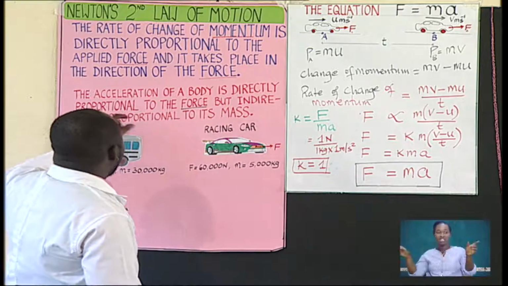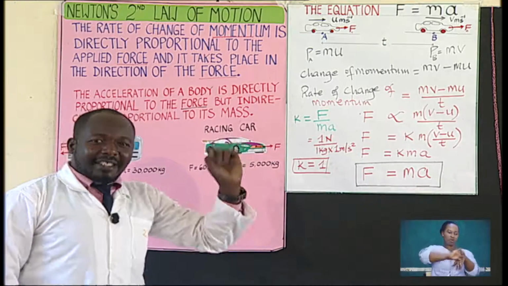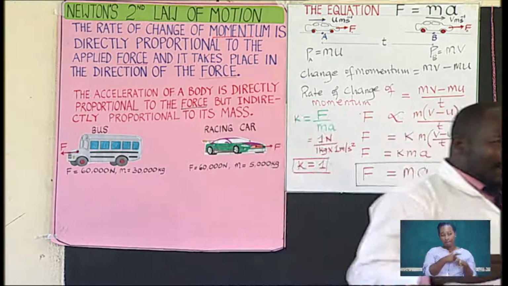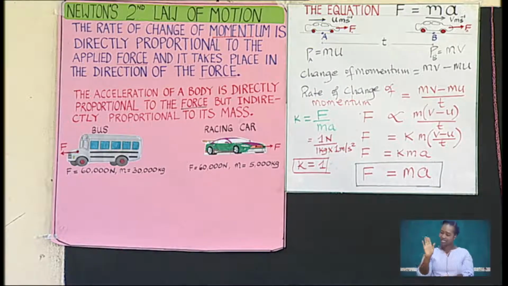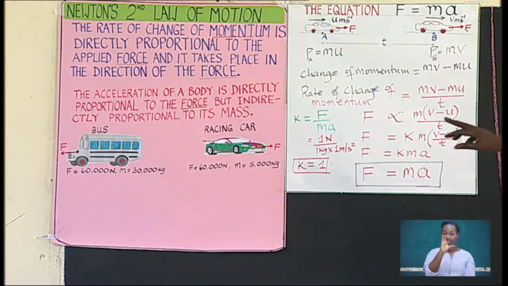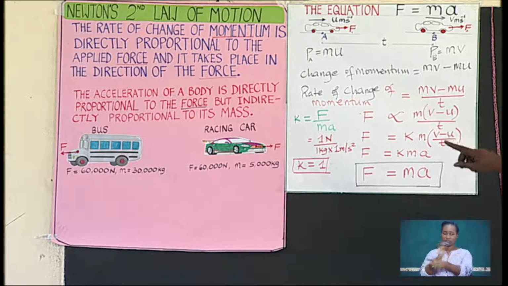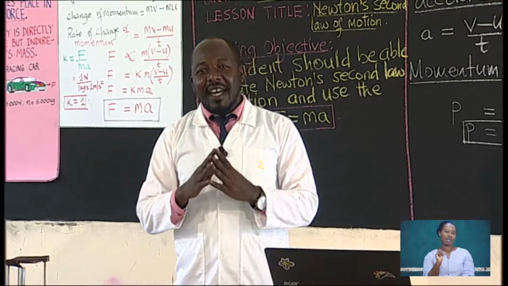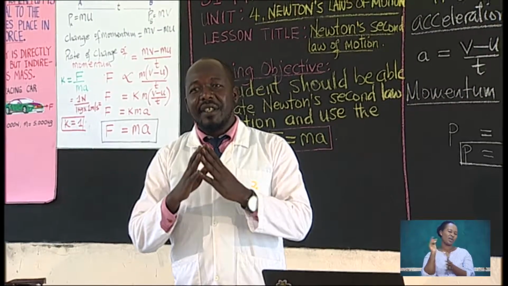But indirectly proportional to its mass. You think about that. We are going to read it one more time. The acceleration of a body is directly proportional to the force, but indirectly proportional to its mass. So what does that statement mean?